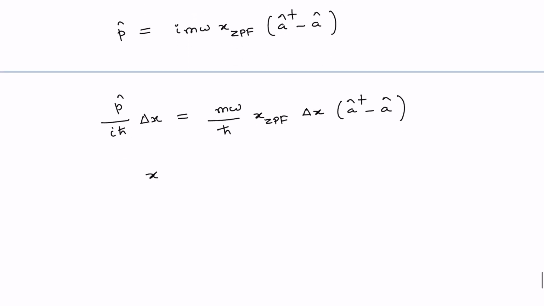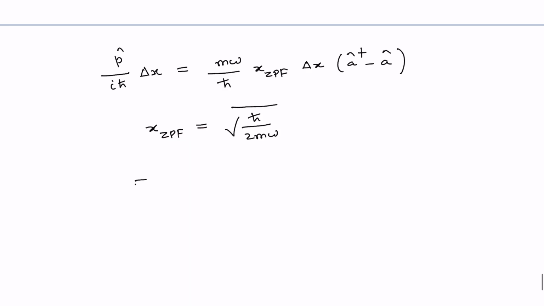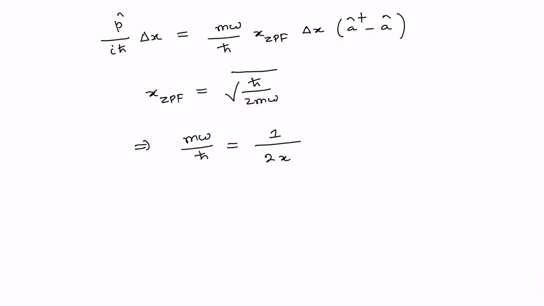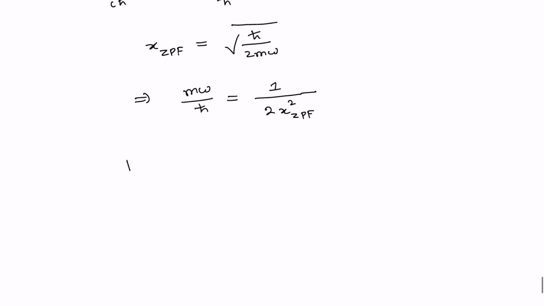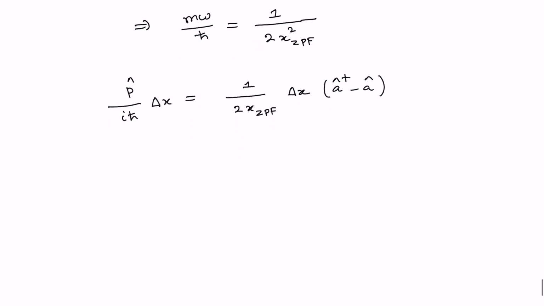Now we know that x zero-point fluctuation is equal to the square root of ħ divided by twice m ω, and this will enable me to write m ω by ħ equal to 1 divided by twice x zero-point fluctuation squared. Using this I can now write p by i ħ times Δx equal to 1 by twice x zero-point fluctuation times Δx (a† − a).